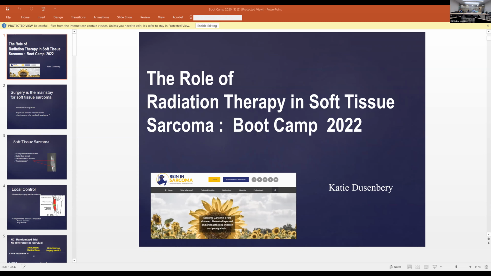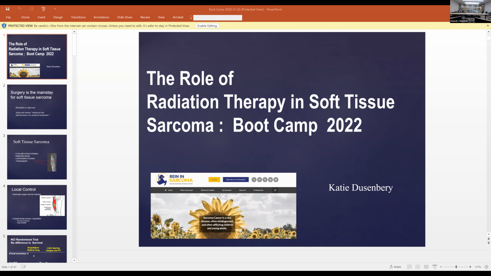So way back when I started practicing, the NIH did this randomized trial, because up until then, surgery was the mainstay, and that surgery was either a radical or an amputation. They randomized people between radical surgery and the less radical surgery, just a marginal limb-sparing surgery with radiation afterwards.